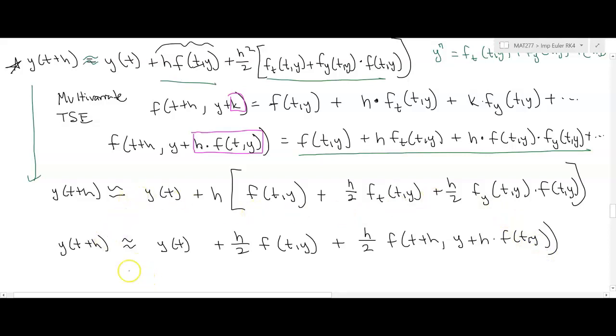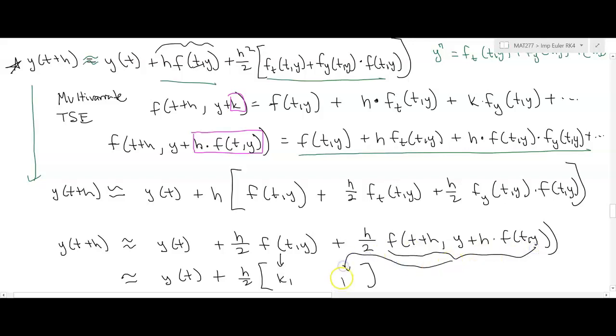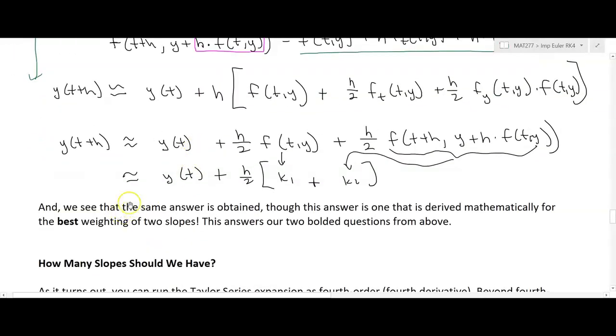And so what we're getting at here is that this is approximately equal to y of t. Now if I factor out an h over 2 from both of these two terms, what I have left inside of here is, notice that this is just k1. That's what we've called k1, and this piece here is what we've called k2. And now you can see that what we have as the second order Taylor series expansion, the same answer is obtained, though this answer is one that is derived mathematically for the best weighting of the two slopes.